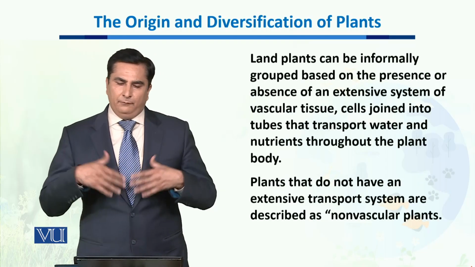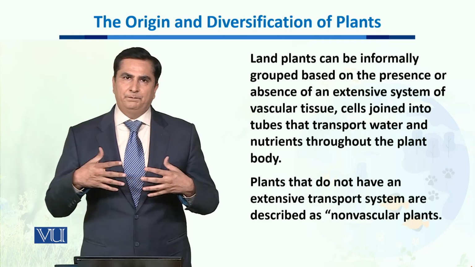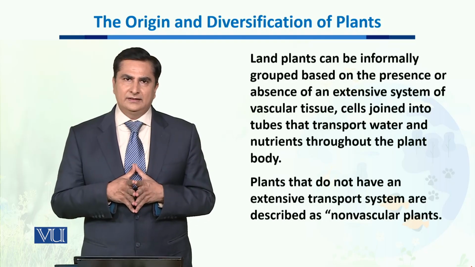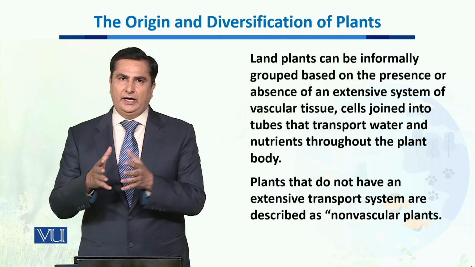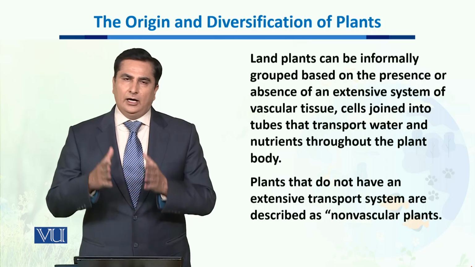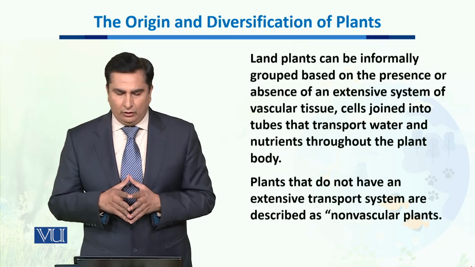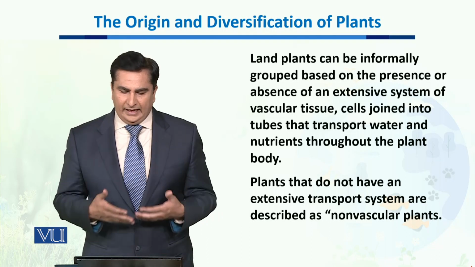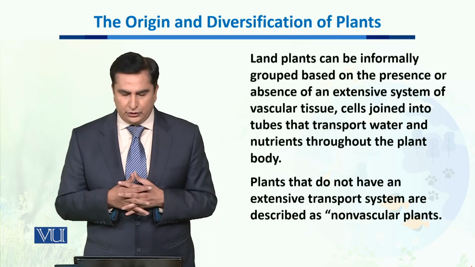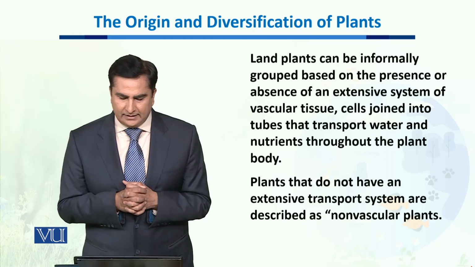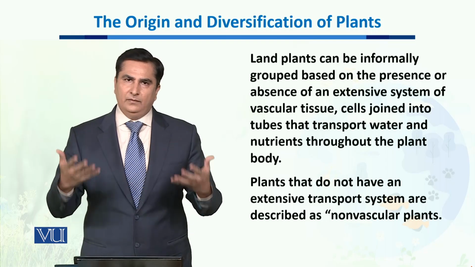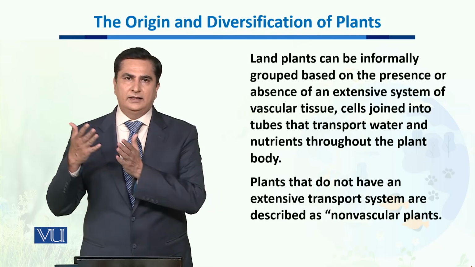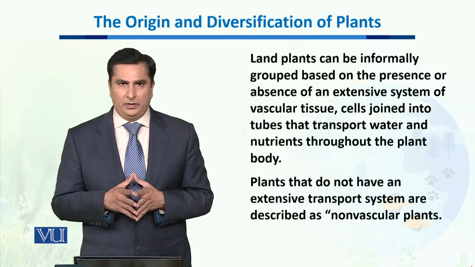Now, when we talk about the classification of land plants, they can be majorly classified into two major groups on the presence or absence of an extensive system of vascular tissues. We call them vascular plants as well as non-vascular plants.